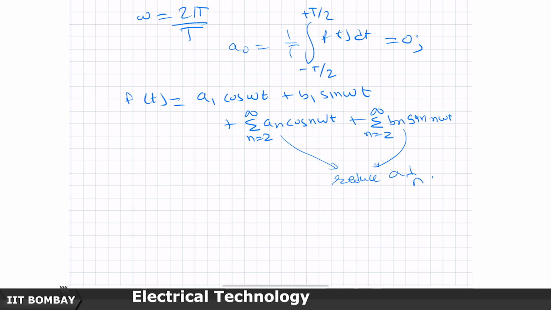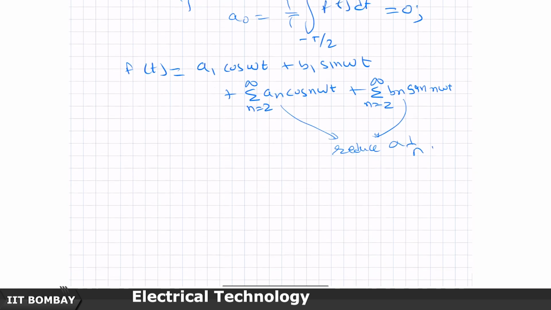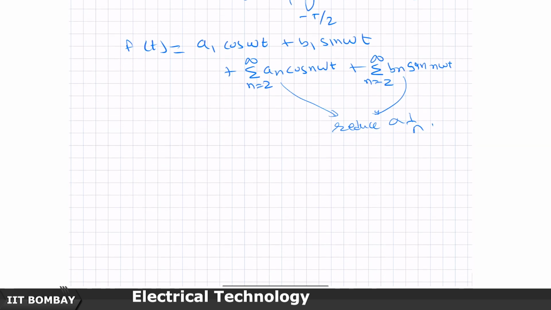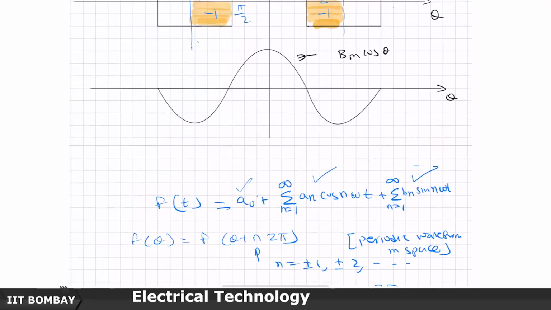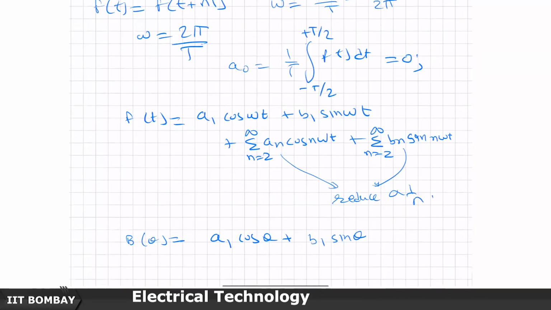In this case they reduce in inverse proportion to n, and so as a first approximation, this b of theta could be written as some constant a1 cos of theta plus some constant b1 sin of theta.